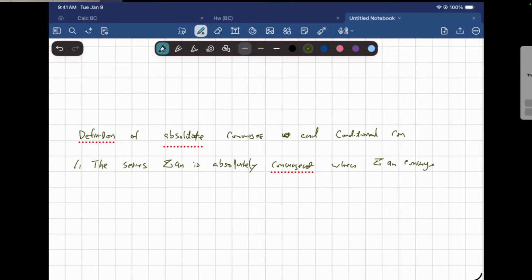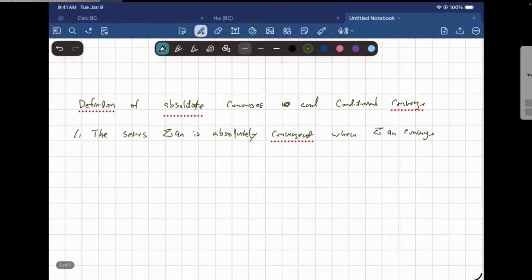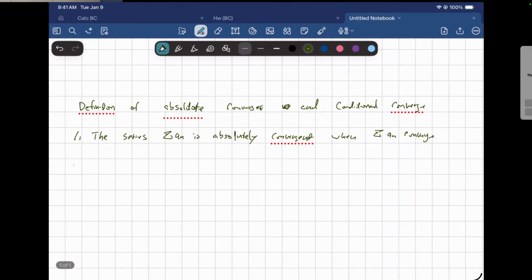Conditional convergence, we're going to talk about in a second, because right now it seems kind of confusing. Should there be an absolute value on the summation? Yes, thank you.